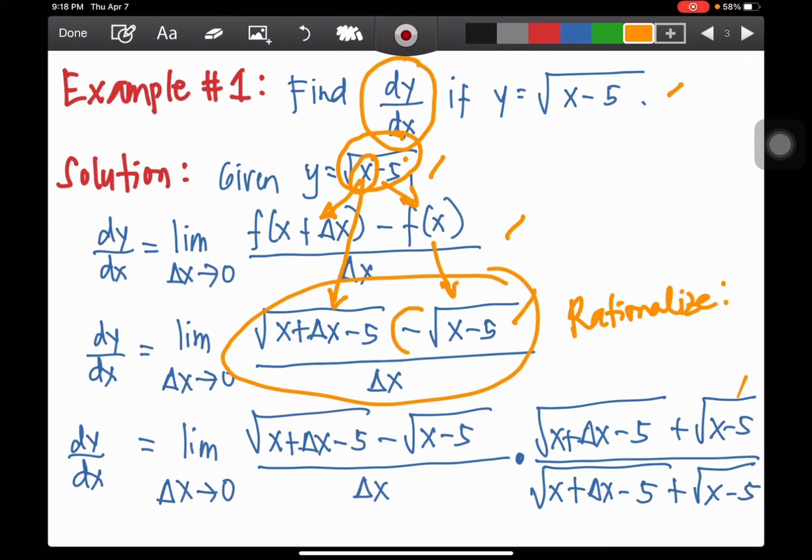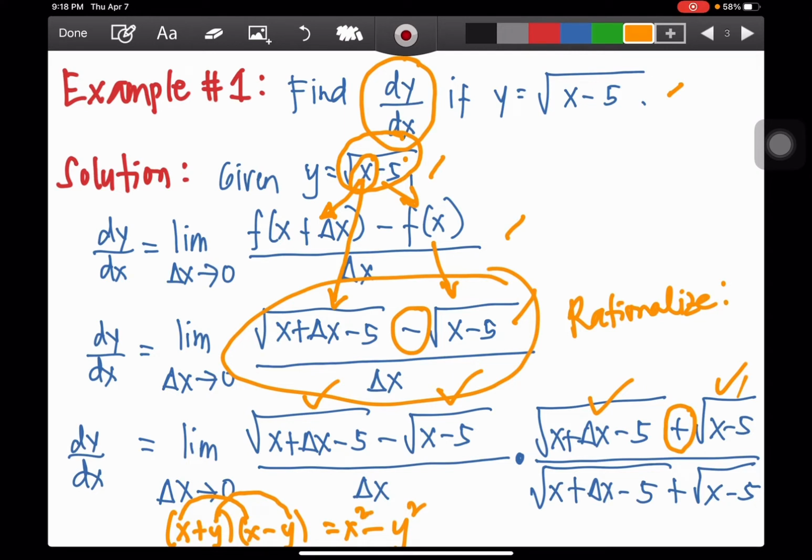So this is minus, so this must be plus, with the same radicals. The purpose of this is to eliminate the radical sign in the numerator if possible, and this is based upon the special product x plus y times x minus y equals x squared minus y squared, which is first term squared minus second term squared.